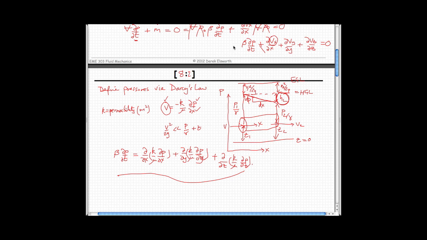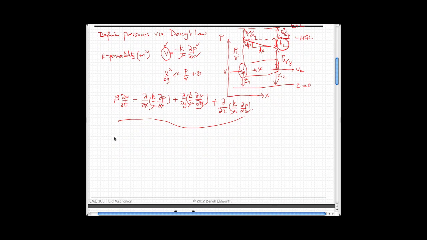If there's no change with time in the system, then this differential expression, which is really the basis of what we use to talk about kinematics, is just a statement that volume in equals volume out. And so you can think of this, if you write it in two dimensions, right?